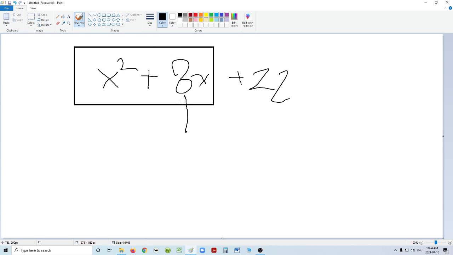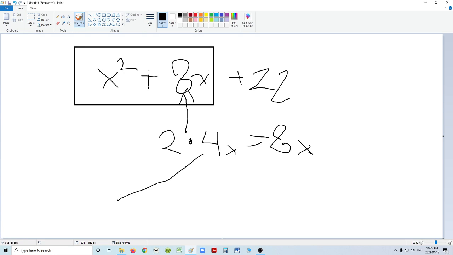Well, as I remember, the middle term is created by 2 times the terms multiplied by each other. So what gets multiplied by 2 to get 8x? Well, it's 4x, which means the first term would be x, and the second term would be 4. So this here, x plus 4 squared, would create that middle part right there.